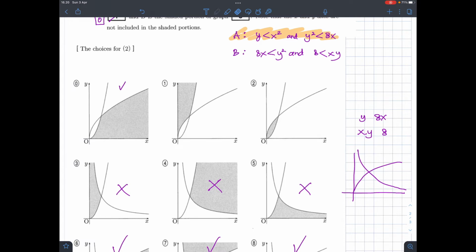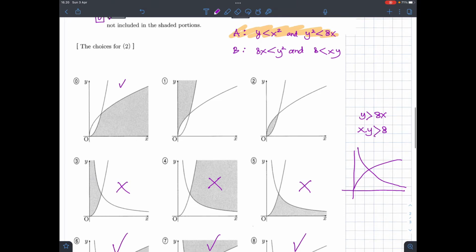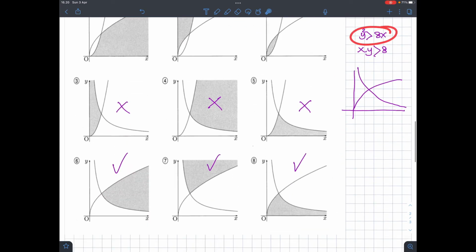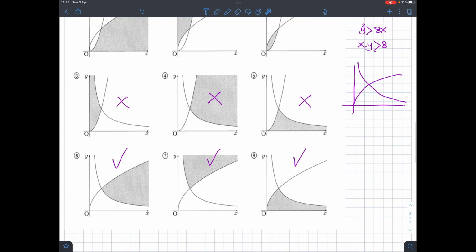Let's check here, 8x less than. Oh, this is y squared. Y squared is greater than 8x. So if the graph is here, you should shade this part.